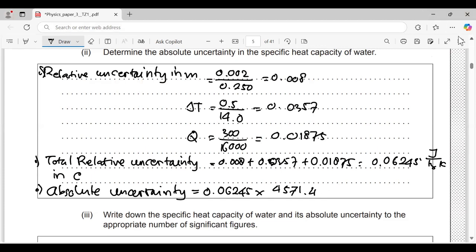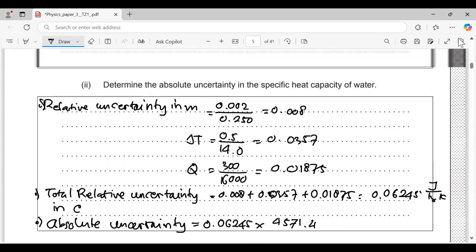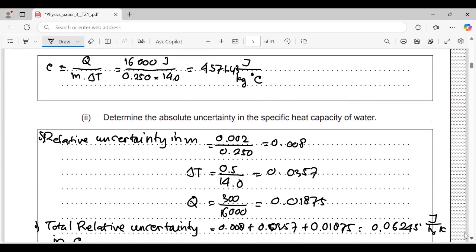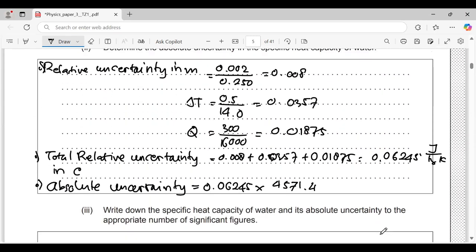Actually, wait, let me see. This one, the first result. Okay, this is 0.43, supposed to be 0.43, and it equals 285.46, rounded to 286 joule over kg Kelvin.